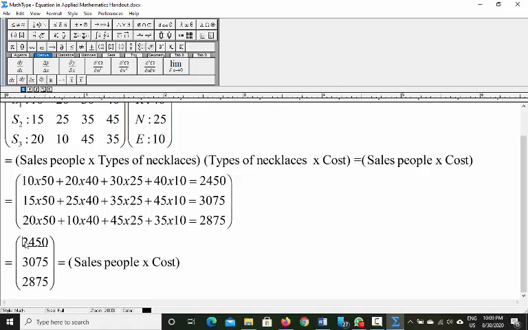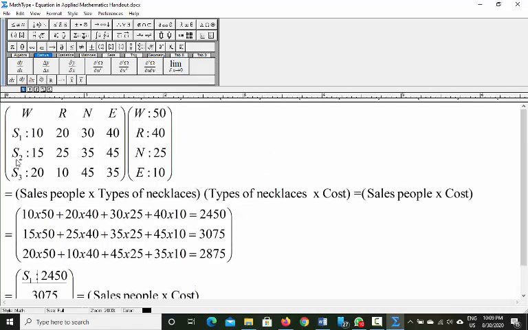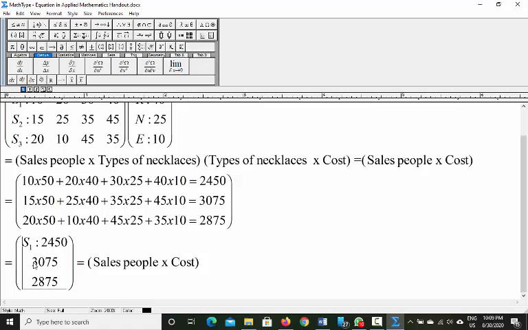The first row is S1, that is the first sales guy. Second row is the second sales guy. Third row is the third sales guy.